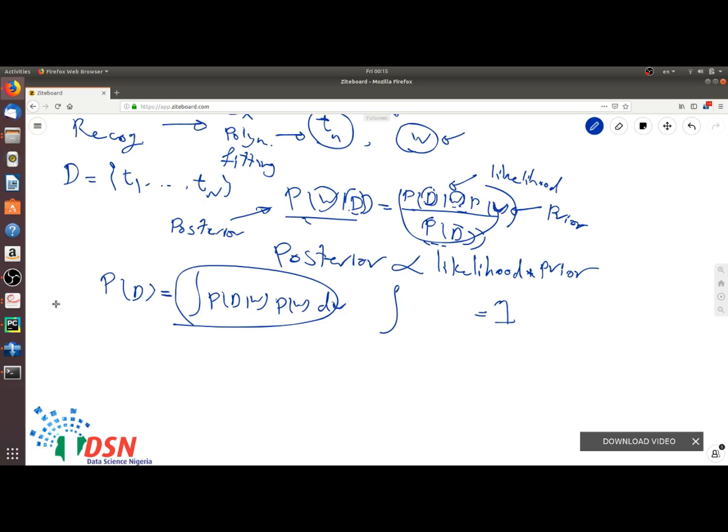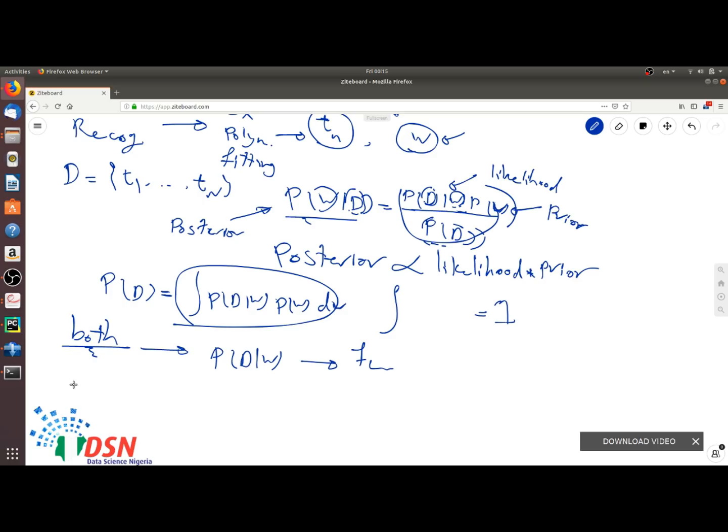So in both the Frequentist approach and the Bayesian approach, the P of dataset given W is very important. But we have some fundamental difference between the Bayesian approach and the Frequentist approach.